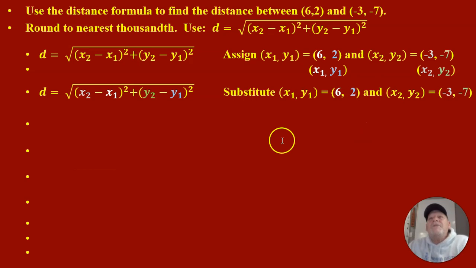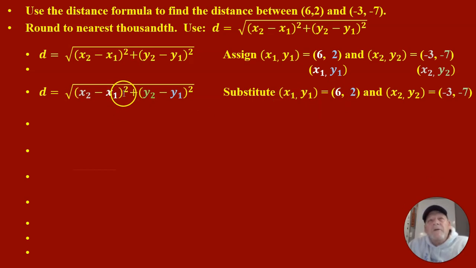Now I'm going to substitute. Where the x2 is, we'll put a -3. See how that's underneath it? The x2 would be -3, minus the x1. X1 is 6. See how I've got 6 here for my x1? That's the first coordinate of the first point.